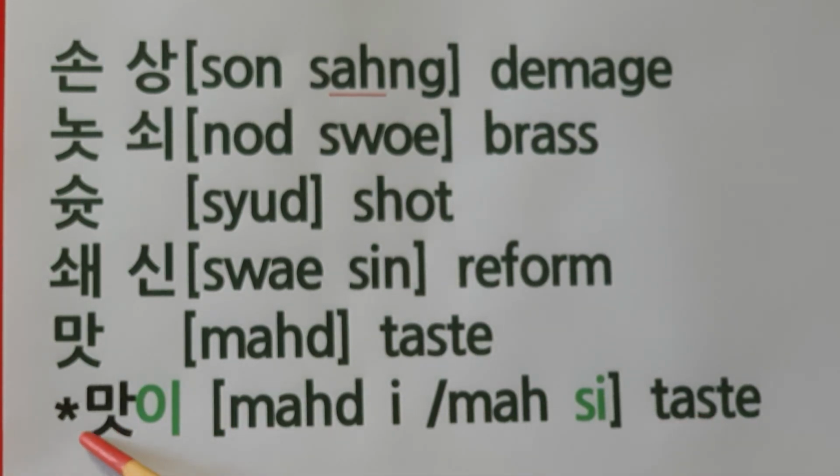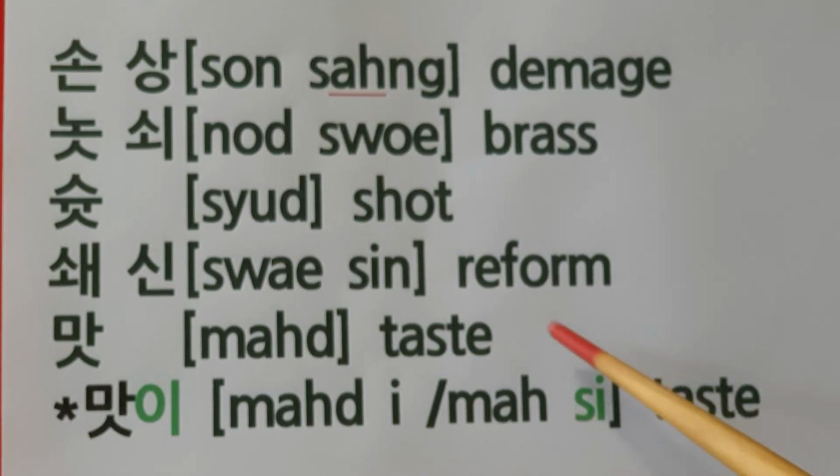The last consonant meets the first vowel, the consonant sound changes to a consonant sound. That's why separately you read mat e, but when the consonant meets the first vowel, it changes to consonant sound, okay? So mashi, same meaning, taste.